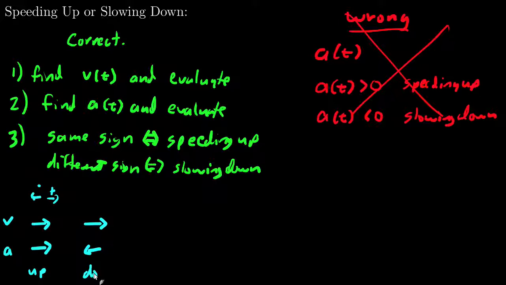So this will be slowing down. If it's moving left but accelerating right, then this will be taking speed off it. It'll be getting closer and closer to a 0 velocity, so slowing down. But if it's moving left and accelerating left, then as time goes, it'll be moving faster to the left, so this will be speeding up.